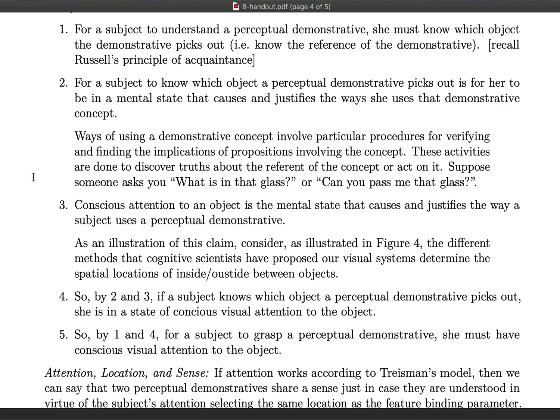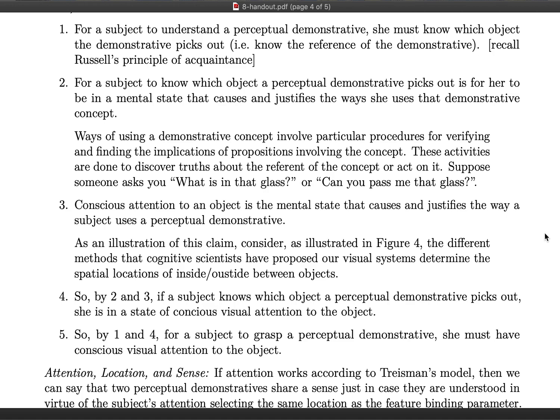What is a way of using a demonstrative? A way of using a demonstrative involves particular procedures for verifying and finding the implications of propositions involving it. Okay, so these activities of verifying and finding implications are done to discover truths about the referent or act on it.